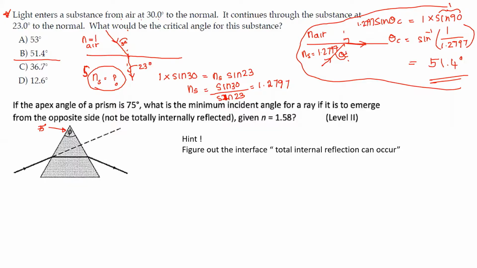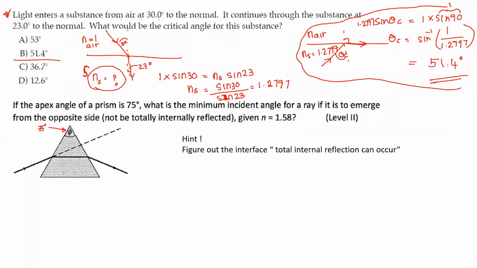They're asking what is the minimum incident angle for a ray if it is to emerge from the opposite side, not be totally internally reflected. So they don't want it to come back into the prism.